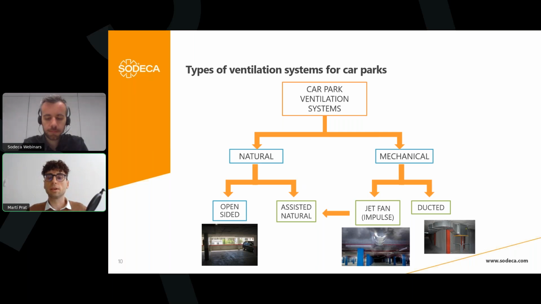This implies having big opening surfaces to have this cross ventilation from one side to the other. If these openings are way too far from each other, we can also assist this natural ventilation with impulse jet fans.